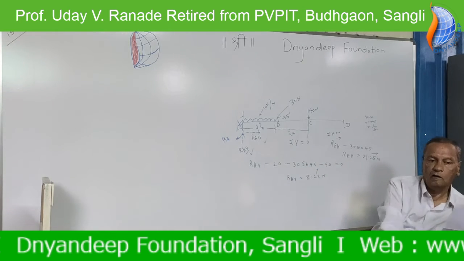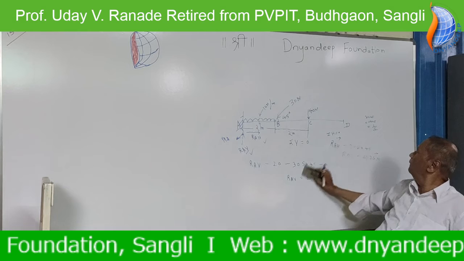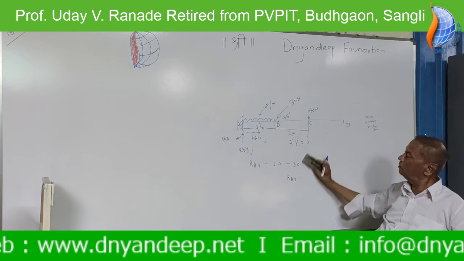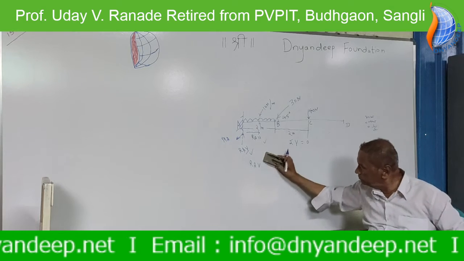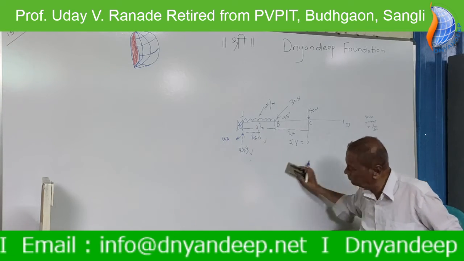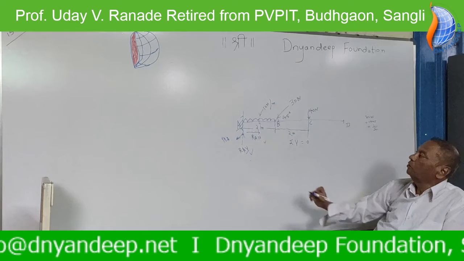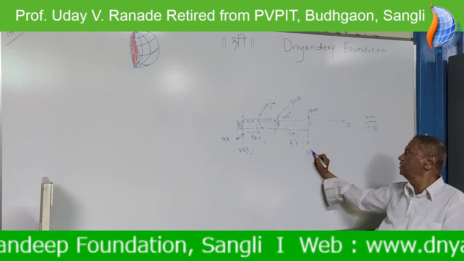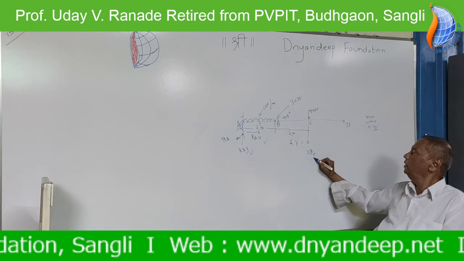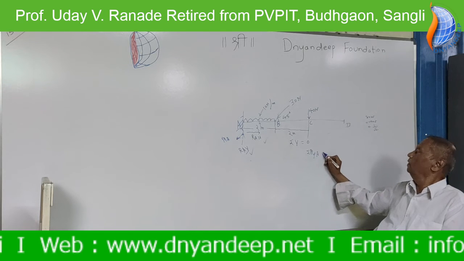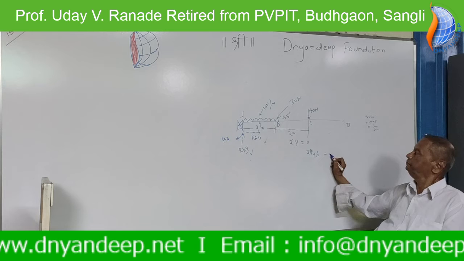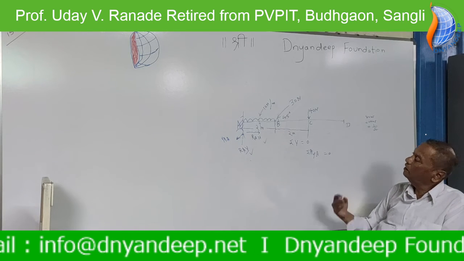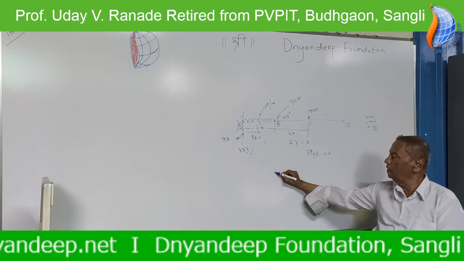Third is the last. Sigma M equal to 0, the summation of moments about A equal to 0. Now we don't know the direction of MA. Let us write it like this, MA.